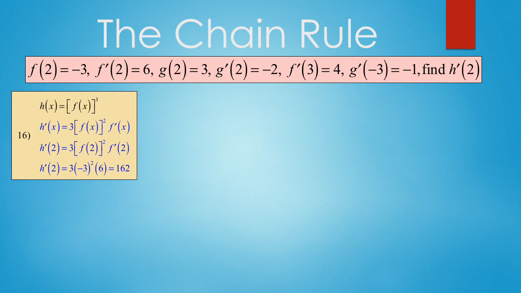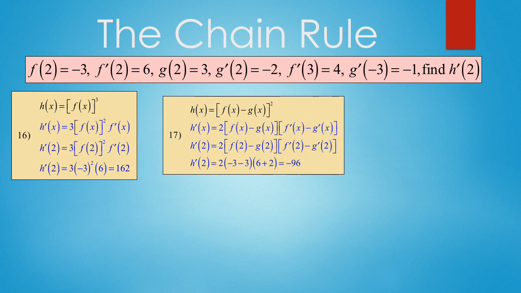and our answer is that h prime of 2 is equal to 162. In 17, we're told that h of x is equal to the quantity f of x minus g of x quantity squared. This again is a power rule, so to take the derivative, the 2 comes in front. We write the brackets down to the first power, but then need to take the derivative of what's inside those brackets.